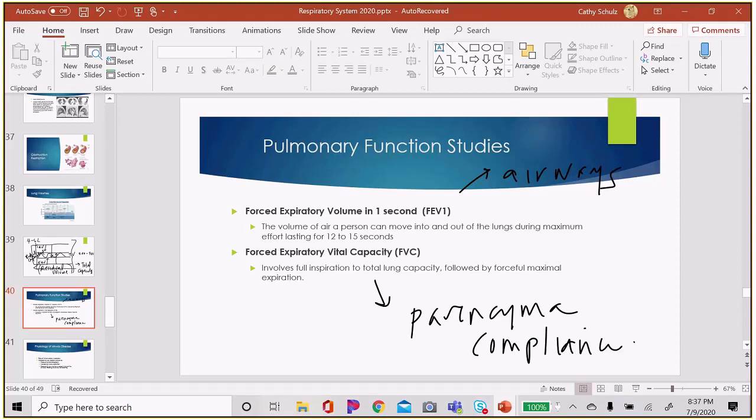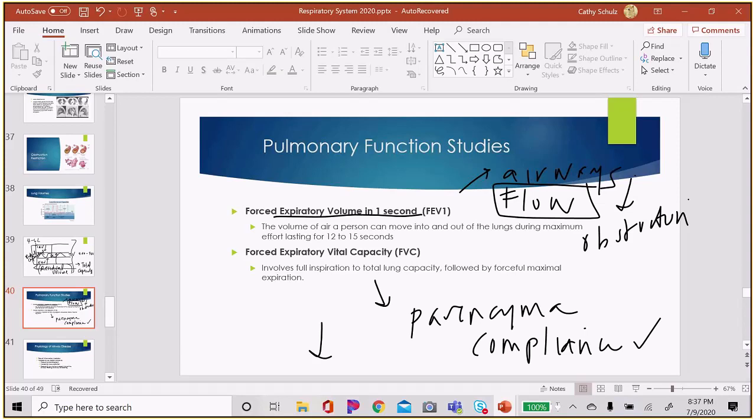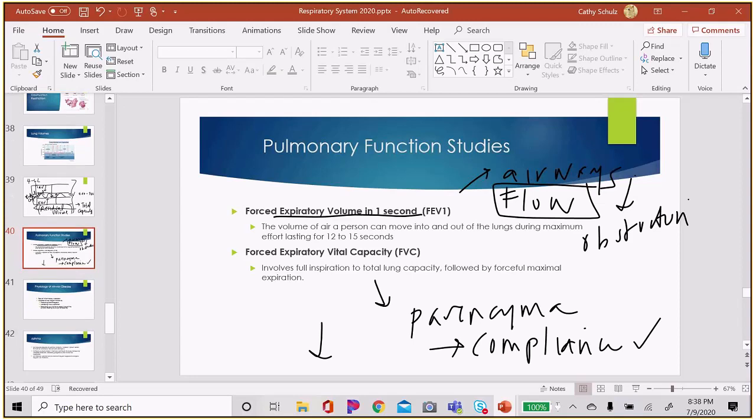Forced expiratory volume in 1 second gives you an idea of how quickly air can move through the airways, and we know that flow is determined by pressure gradient and resistance. This would go down if there is some kind of obstruction, and forced vital capacity would go down if something was making the lungs less compliant.